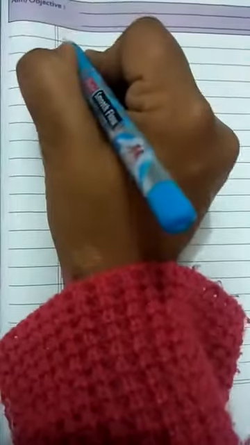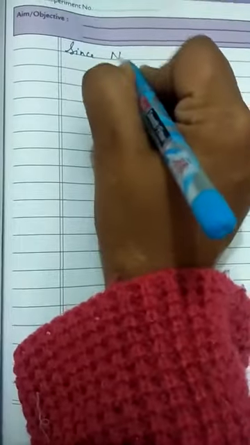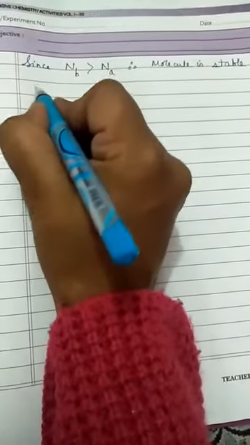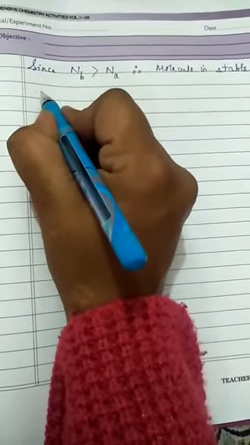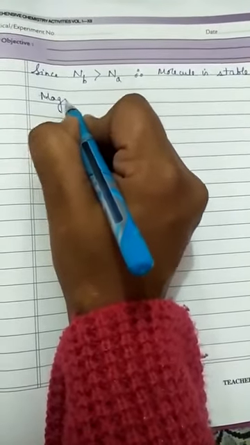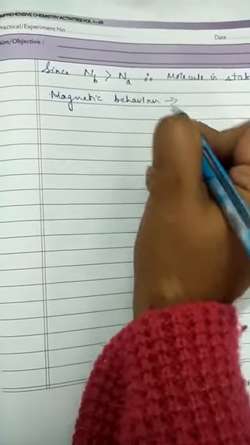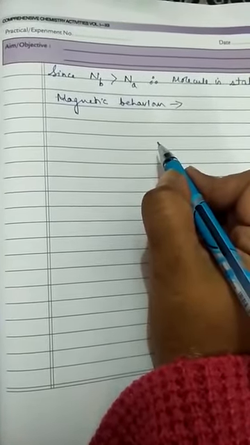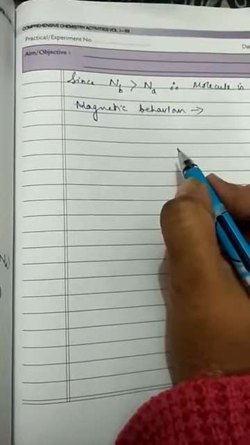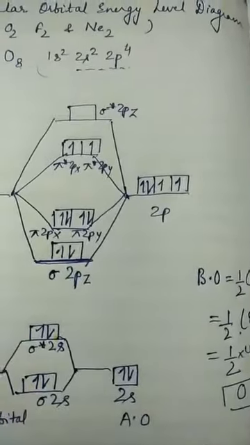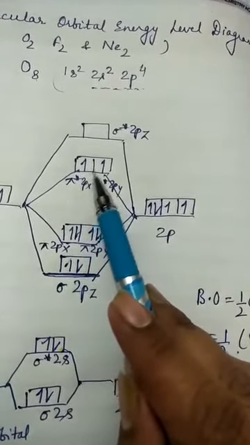Now students, since Nb is greater than Na, therefore the molecule is stable, right? And what about the magnetic behavior? You can see in the molecular orbital diagram that here we have unpaired electrons.